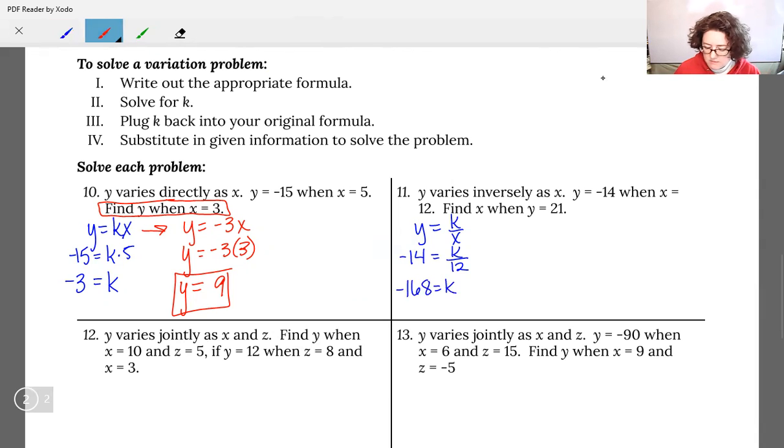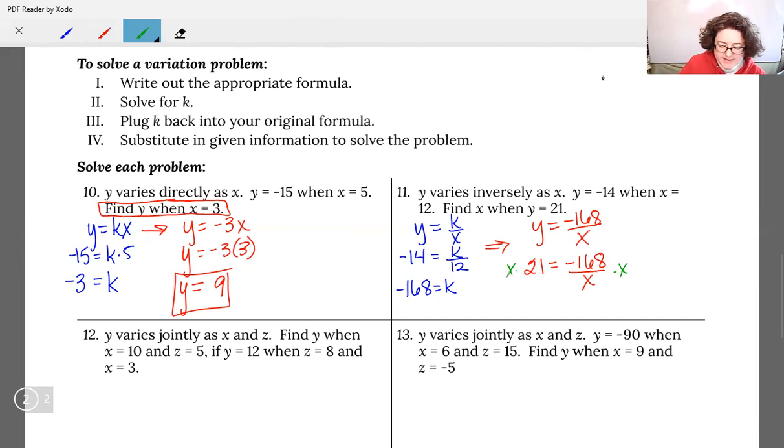Plug that back in. So my new formula is y equals -168 divided by x. And our last sentence, find x when y equals 21. So substitute in 21 for our y and solve for our x. So again, we have the x in the denominator of the equation. To simplify that out, let's multiply both sides by the x.